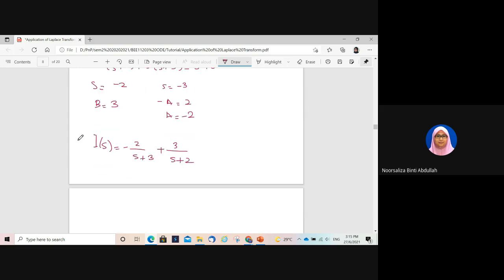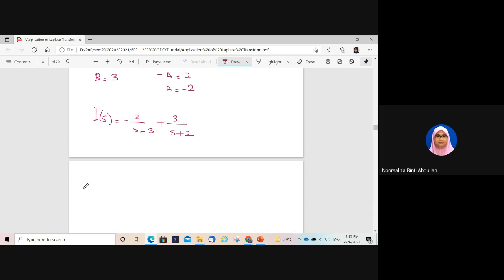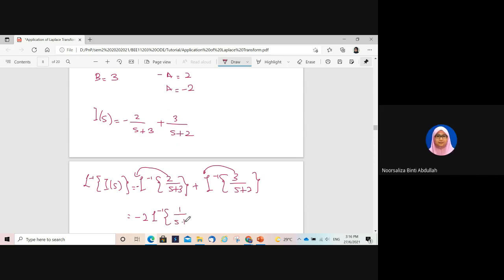Okay, so IT is the inverse of IS, equals to inverse for minus 2 over S plus 3 plus with inverse 3 over S plus 2. Okay, so 2 keluarkan, 3 keluarkan. You have minus 2 inverse 1 over S plus 3 plus with 3 inverse of 1 over S plus 2.